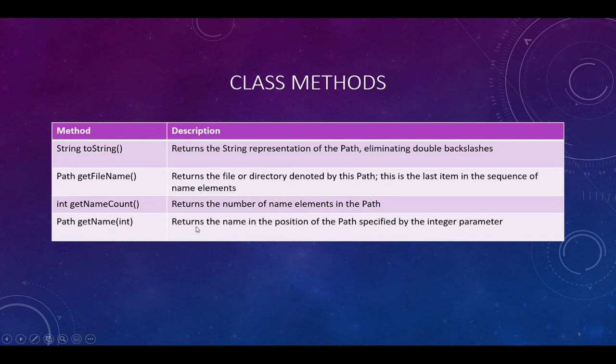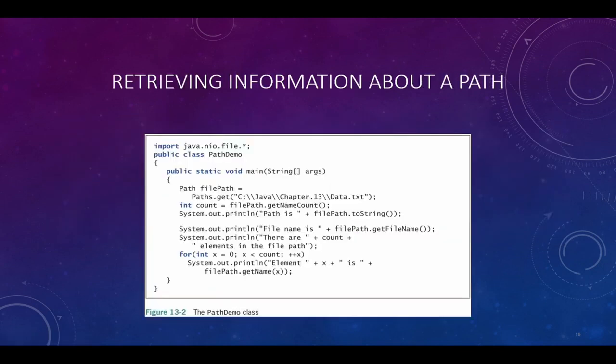The getName is going to return the name at the position of the path specified by the integer parameter. So you can kind of look it up and break it up into different elements, kind of like we do in an array, but I wouldn't go so far as to say it's like that.